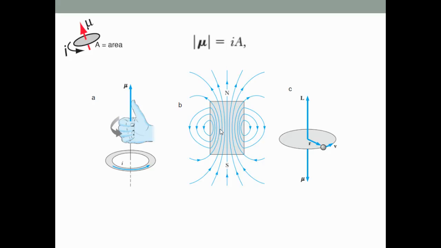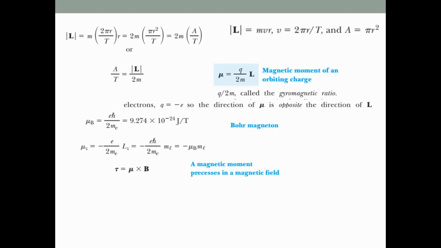For a circulating charge Q, the current is simply Q by T, where T is the orbital period. Furthermore, A by T, the area swept out per unit time, is equal to L by 2m, the magnitude of the angular momentum of the orbiting charge divided by twice the particle mass m.